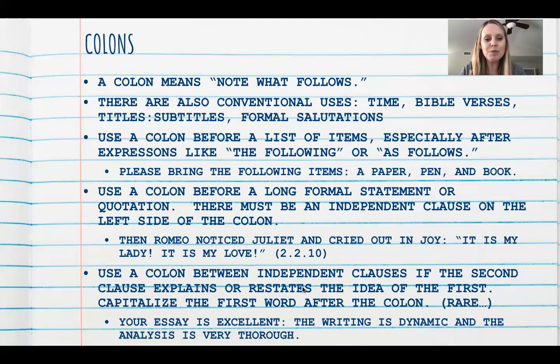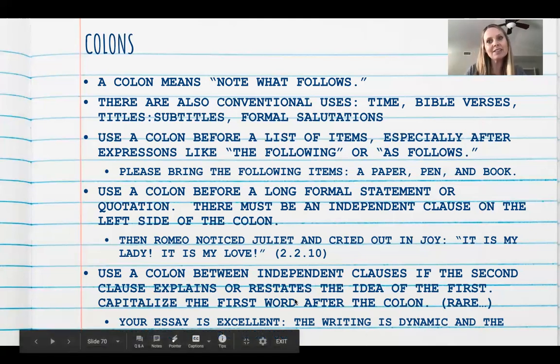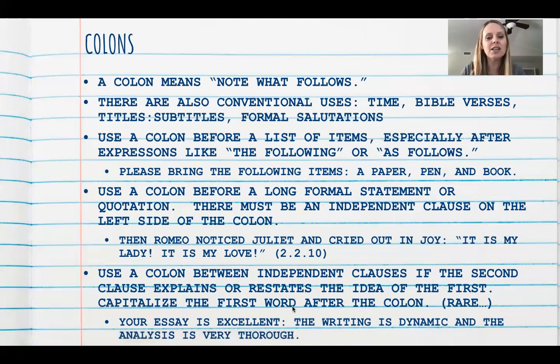So the second piece, the writing is dynamic, that independent clause is the evidence for the first independent clause. So generally speaking with colons, you want to really remember to use independent clauses in your colon world. Have an independent clause, colon, and then your list, or an independent clause, colon, and then your complete sentence quote.